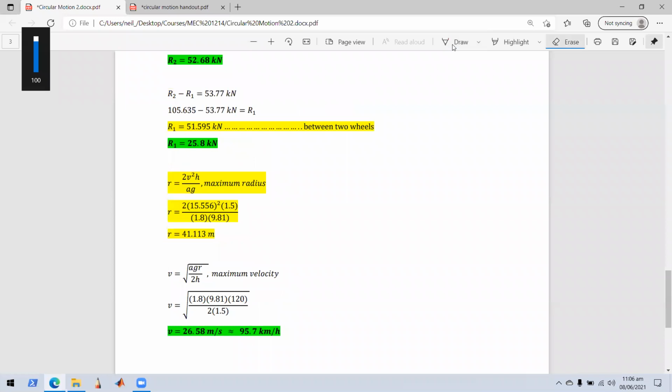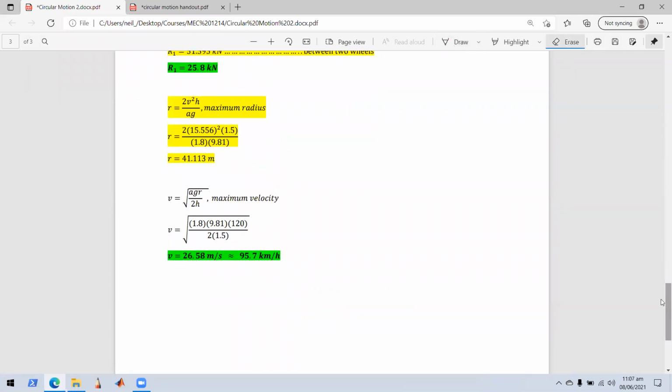Can you please explain how I get the 95.7 km per hour? You convert from this 26.58. So you put all your values into your formula, calculate it, and then you convert. How do you convert? Seconds to hours. If this thing travels a certain distance in seconds, then in an hour, how much is it going to travel? 3,600 times that.